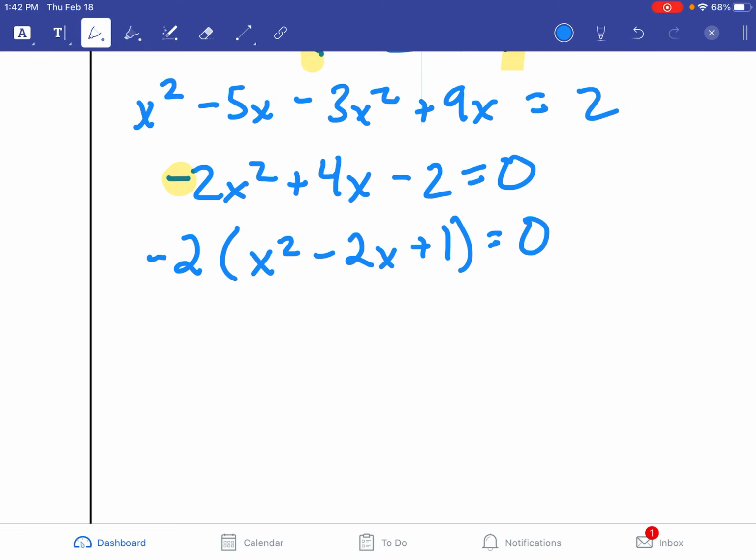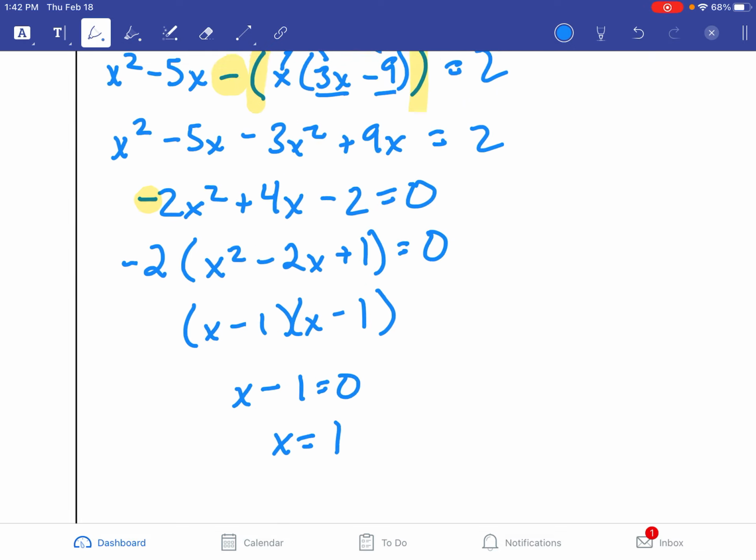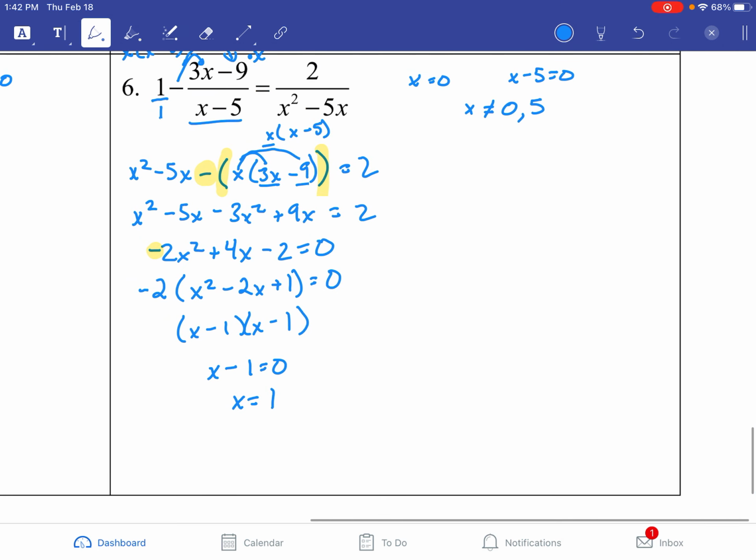Now what I'm going to do is factor inside the parentheses. So two numbers that multiply to give you positive 1 but add up to give you negative 2 would be negative 1 and negative 1. So my answer is x minus 1 equals 0. X will equal 1. Going back up here to check to make sure that the domain restrictions aren't 1. And they're not, so that's my answer.